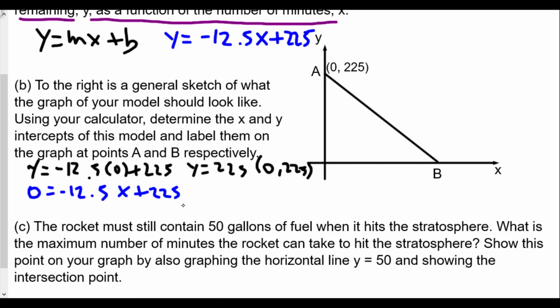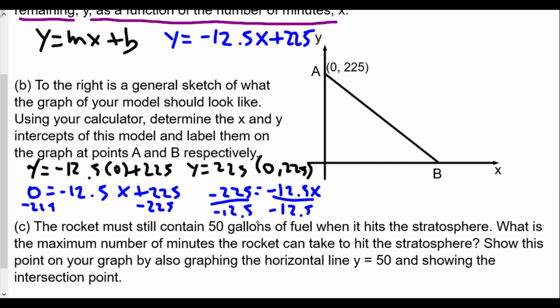So in this case, I'm going to subtract 225 from both sides. And we get negative 225 is equal to negative 12.5x. We divide both sides by negative 12.5. And so we use our calculator, and you pull out your calculator now, ladies and gentlemen, and we take the value of negative 225 and divide by 12.5.